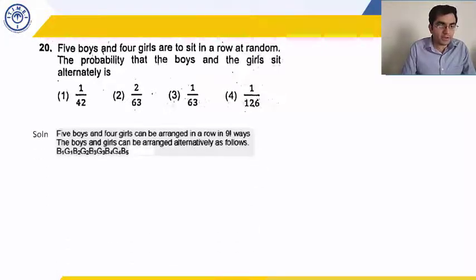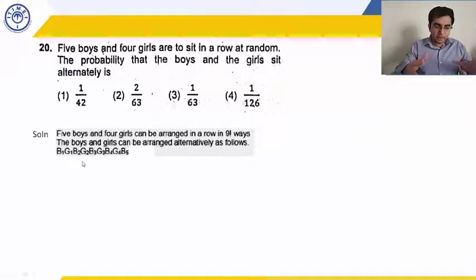And you want the boys and girls to sit alternately. So obviously it's going to be boy, girl, boy, girl, boy, girl, boy, girl, boy. That's the only way they can sit alternately. Of course, the order can vary, but what I'm saying is that the first position should be a boy, second position girl, third position boy, fourth position girl, and so on.